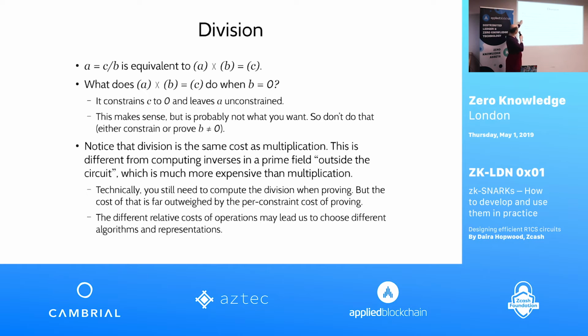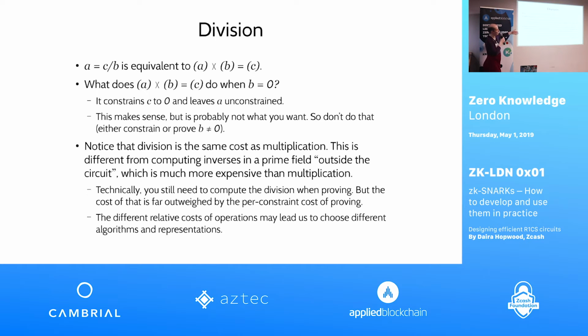And notice that because we're implementing this in terms of multiplication, it's exactly the same cost. Whereas a lot of the optimization of elliptic curve crypto systems, for example, outside a circuit, is based on reducing the number of inversions because they're very expensive. They might be, say, 100 times the cost of multiplication.